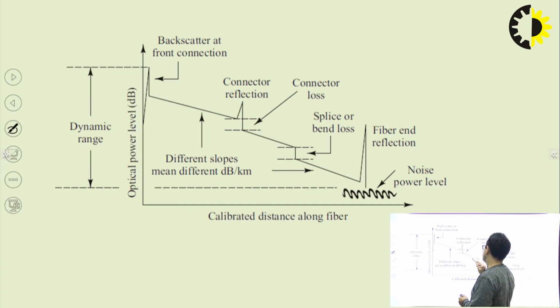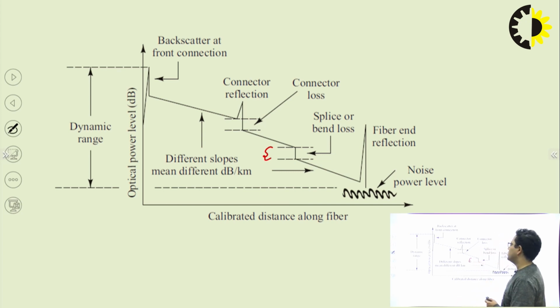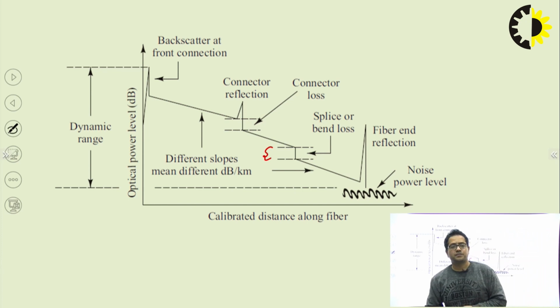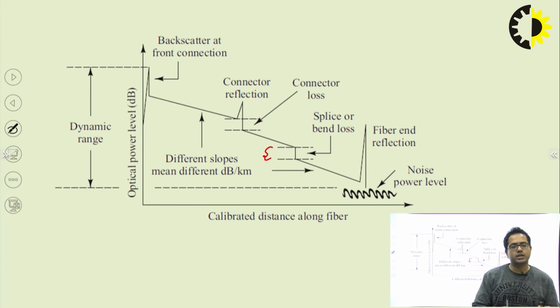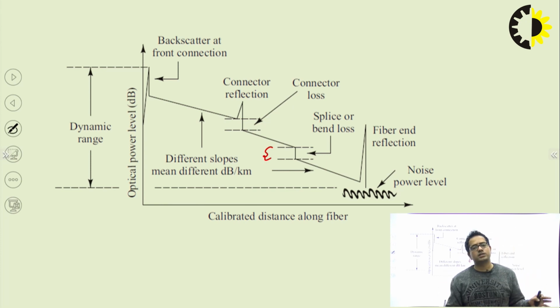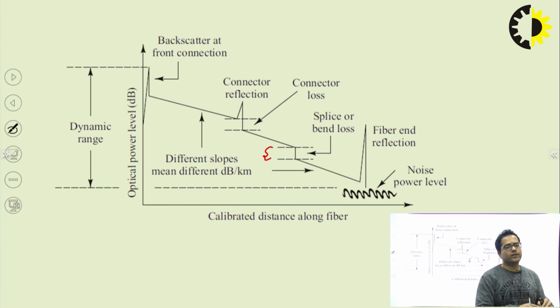This one is indicating a loss because of the splice. This is also indicated if there is some kind of fiber bend. Whenever you are laying the fiber under the sea or over a long distance, there might be some curves that arise. You have to move the fiber across some curves, so some bend develops inside the fiber.